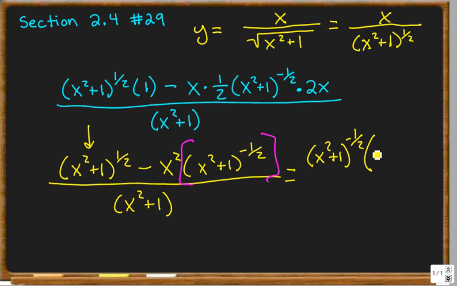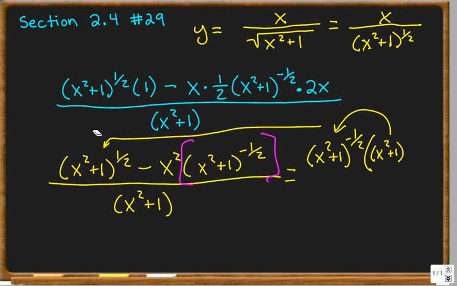So in order to make this work, this will become an x squared plus 1. This times this gives me that, because they're both x squared plus 1s. One of them is to the first power, one of them is to the negative 1/2 power. When I add those, I get the 1/2. So now that I have that, this is represented in my factored out part, so that is just a 1. All that's left is an x squared.